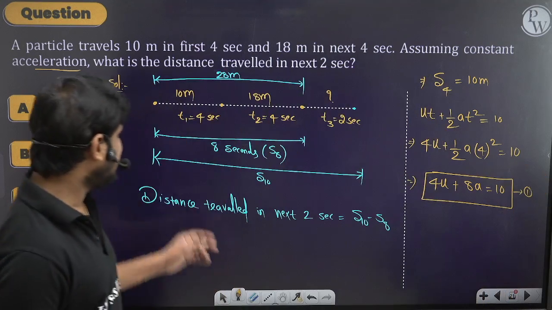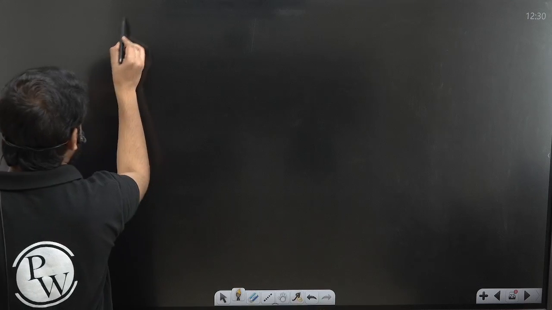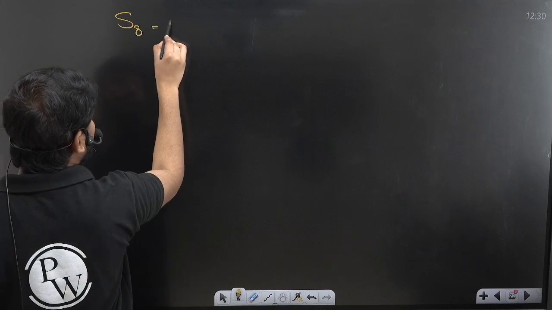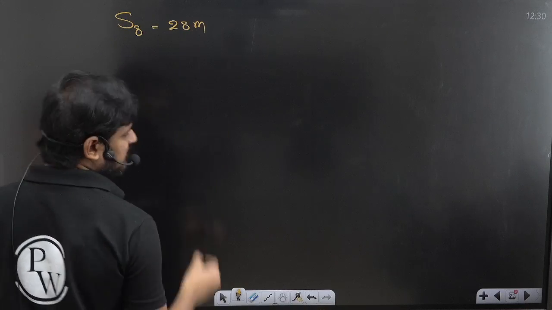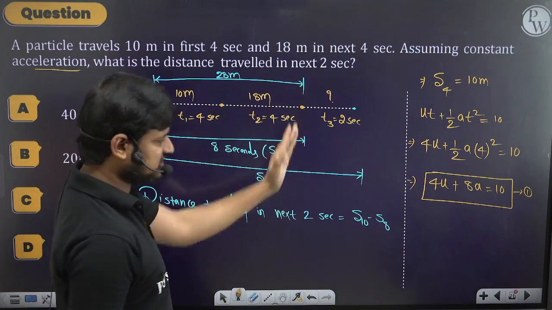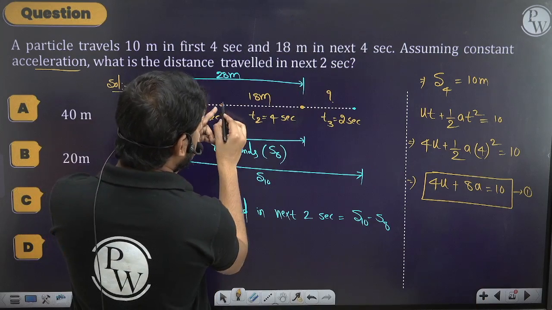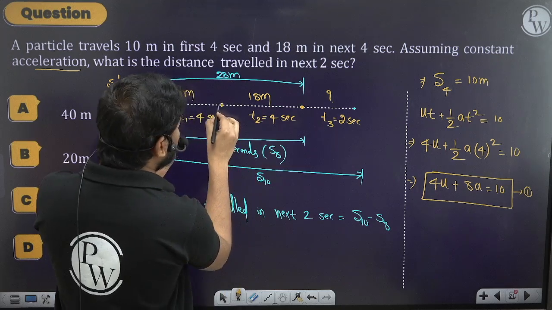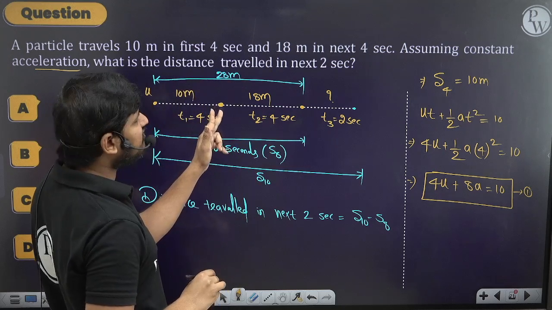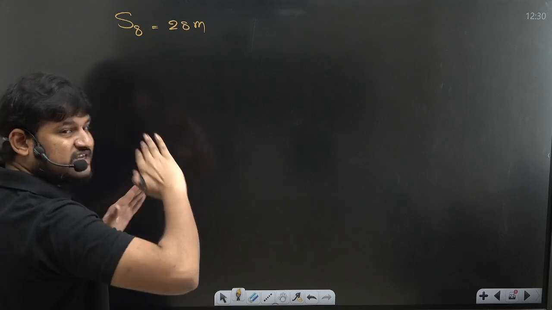Done. And then the next equation that I am going to use is, the distance covered in the first 8 seconds is going to be 28 meters. Here the body's initial velocity you are considering u. Don't take the next 4 seconds, because you don't know what the velocity is there. The initial velocity you don't know there, right? That's why I am taking the first 8 seconds.